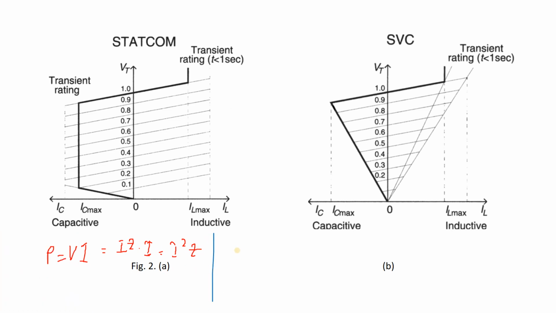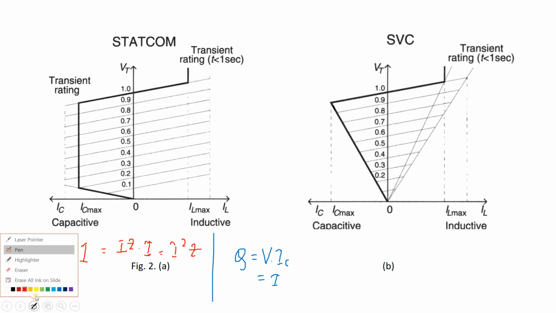Now for reactive power, Q equals V into I, inductive or capacitive. Suppose it is capacitive. The reactive power is also equal to I into, this is not the terminal voltage, this is actually VR.